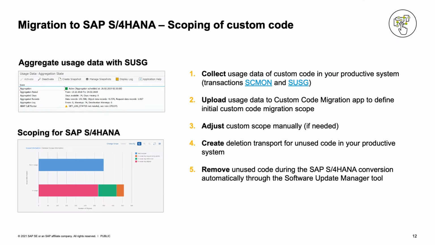Our statistics from the last 15 years show that on average 30 to 60% of the custom code is never executed in productive ERP systems. And therefore, it would be a good investment to clean up your systems from the unused code. The understanding about the usage of custom code in productive environments begins with collection of the usage data.